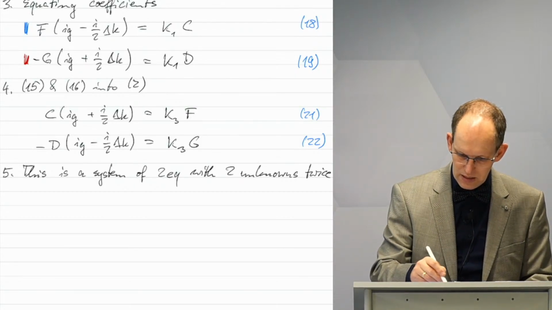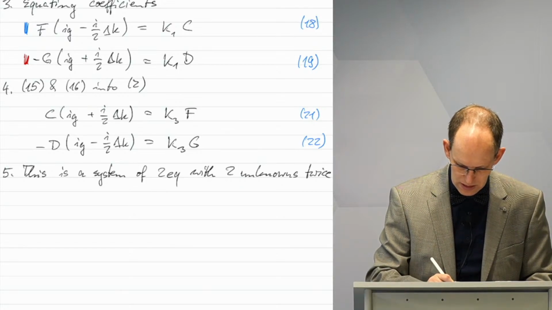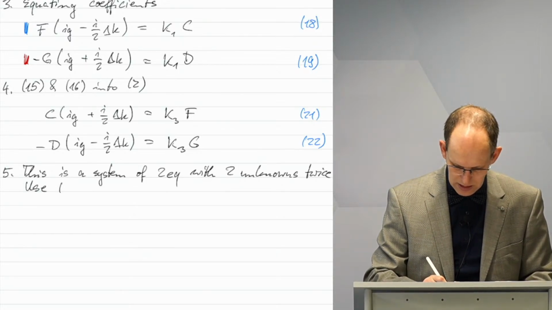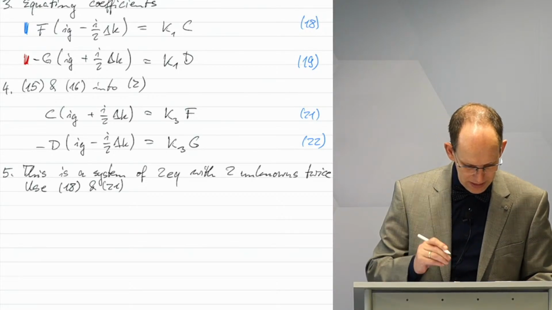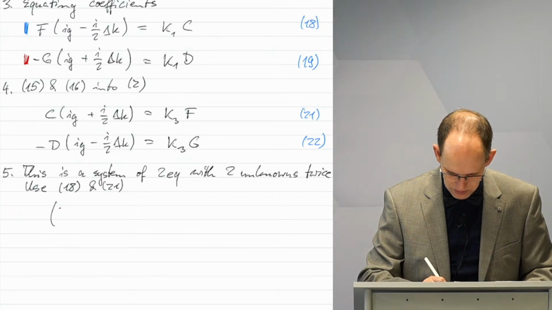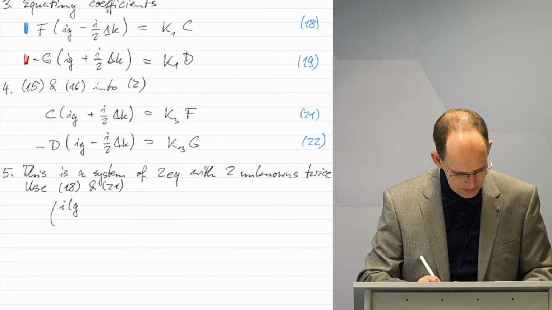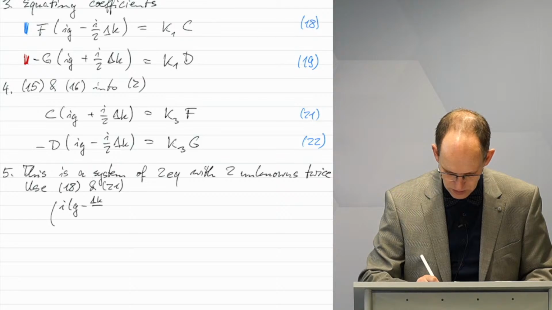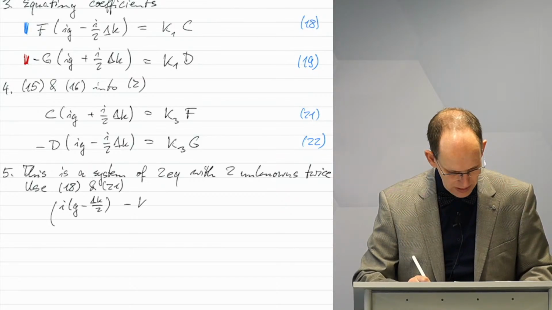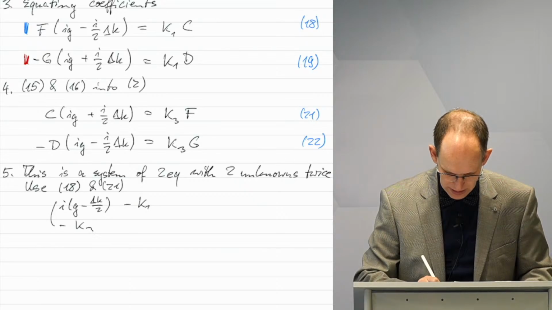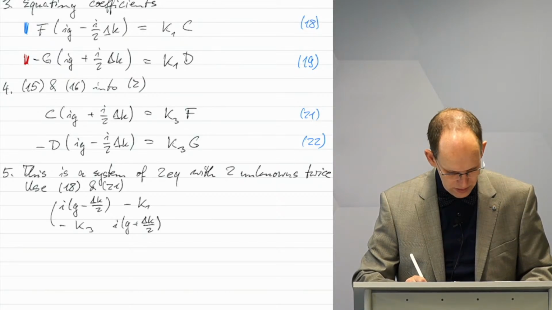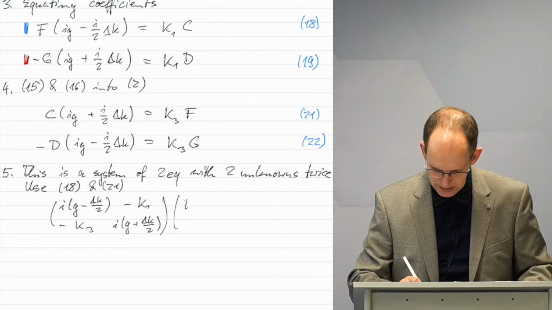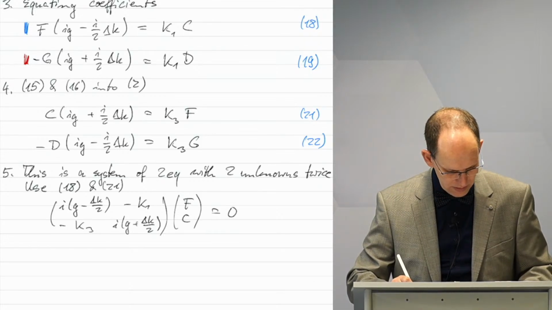And we take first, so use 18 and 21. And then we can write it in matrix form in the following way. i times (g minus delta k over 2), then minus k1, minus k3, and here i times (g plus delta k over 2), and then f times c is equal to 0.